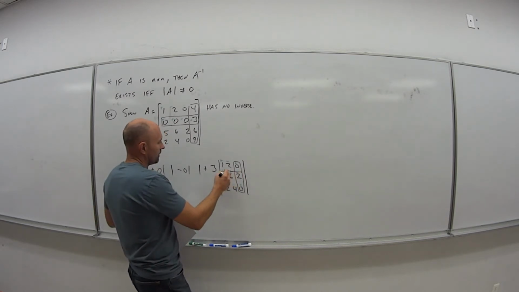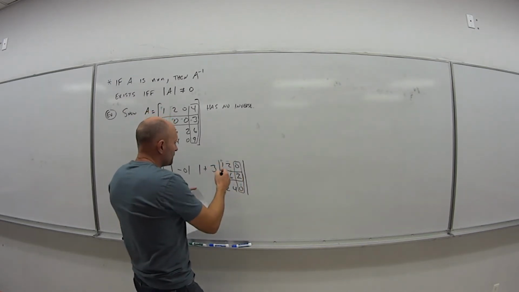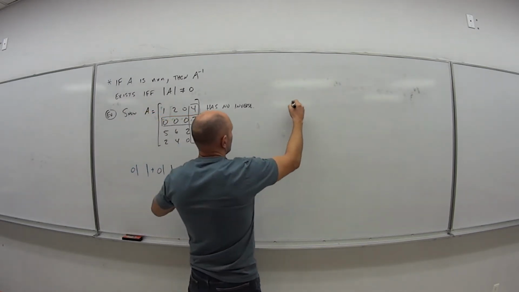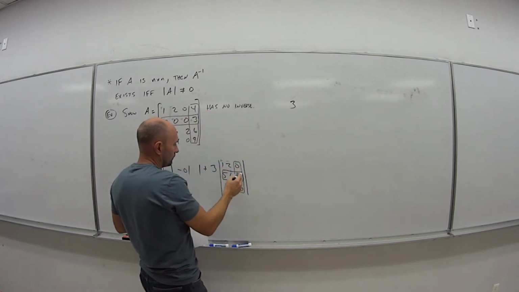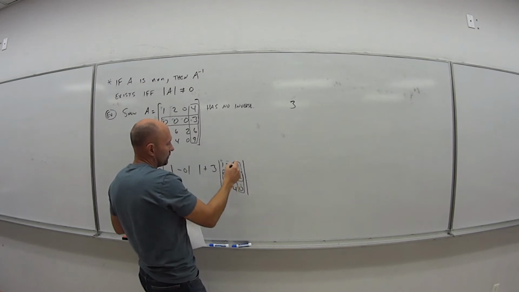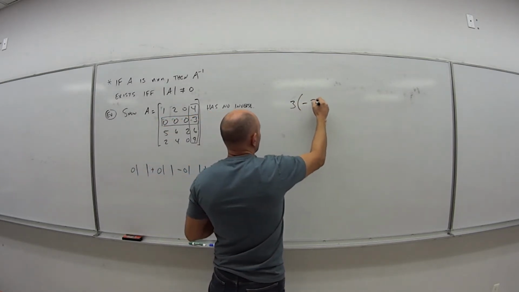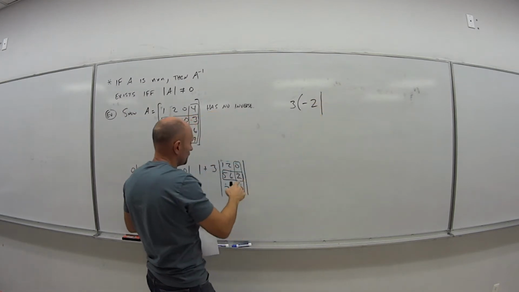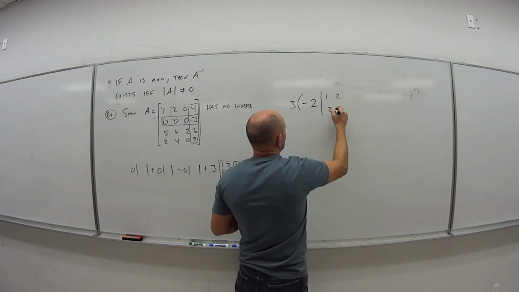If I expand off of that column, it's going to be 3 times this guy. This is going to be a 0, that'll be a 0. So I'm only worried about this row and this column, which is minus 2. So 3 times negative 2 times the determinant of 1, 2, 2, 4.